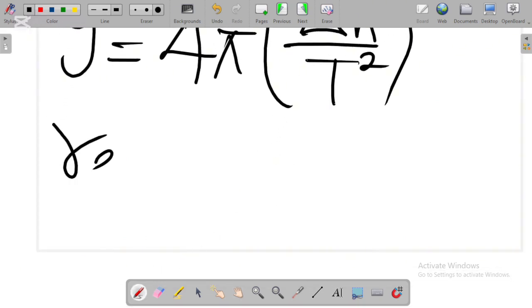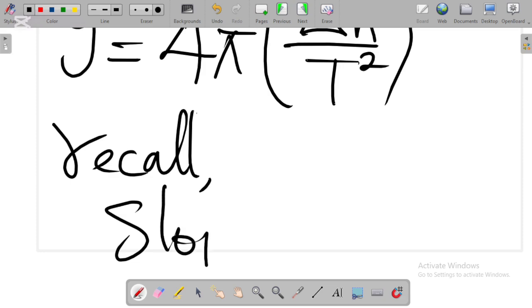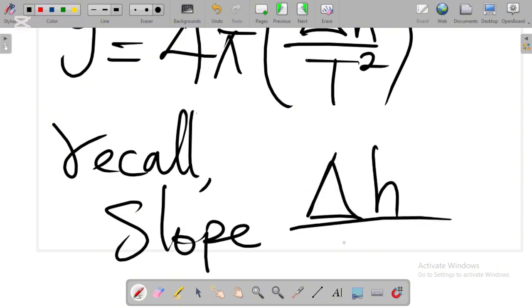Now recall that slope is equal to change in h all over T square. Slope is equal to change in h all over T square.